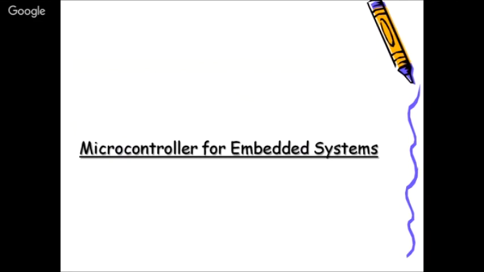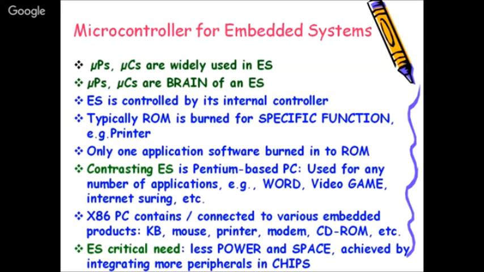Now, when we go to embedded systems, microcontrollers for embedded systems, how do we decide? Basically, microprocessors and microcontrollers are widely used in embedded systems, and they work like a brain to the embedded system. They are the central core that resides inside any system.